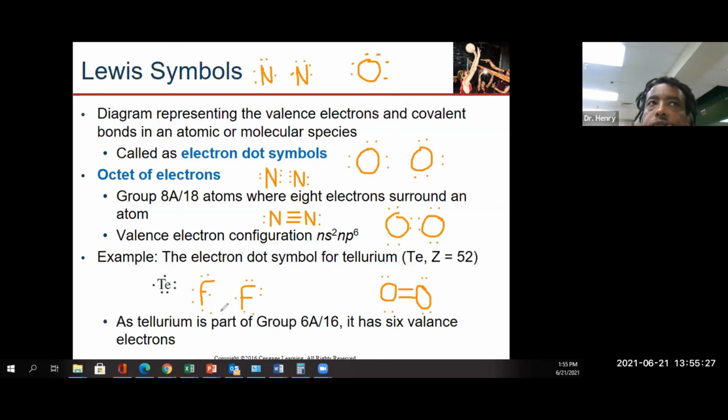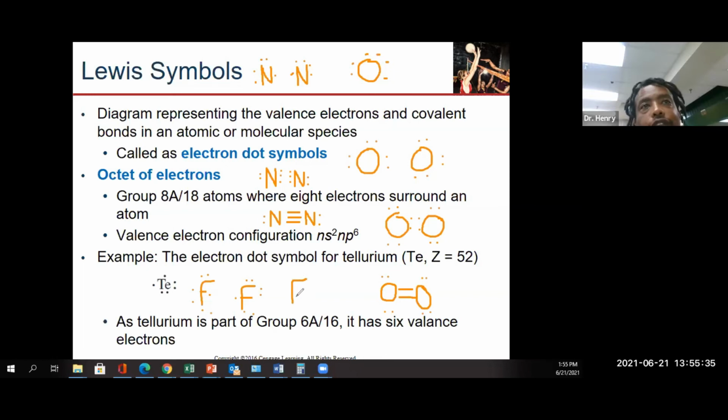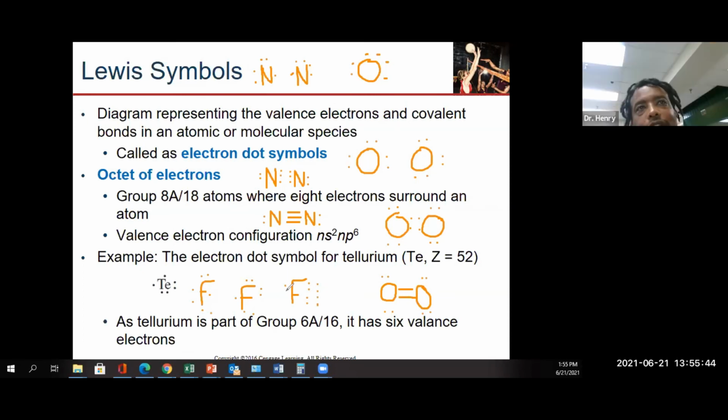Four. Somebody said 4? Yes. You're saying, okay, so I'm going to draw out what you just told me. So I'm going to have 4 in the middle. And then I'm going to have 3 on the outside.